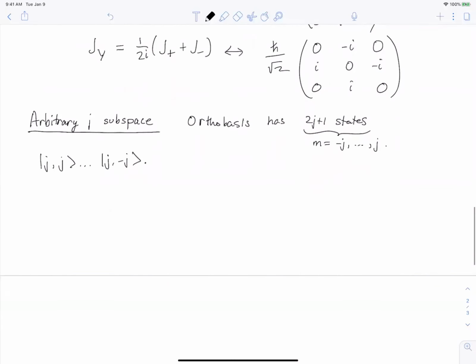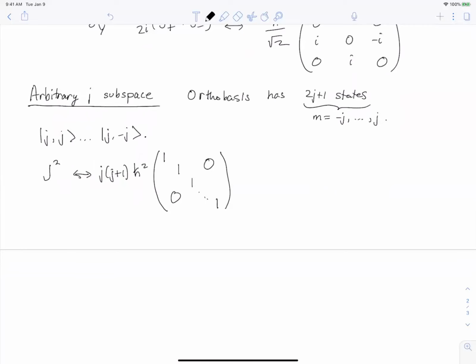And now we can work out what the representation of j squared is. It's represented by j times j plus 1 times h bar squared times the identity matrix. So it's all ones on the diagonal, and it's all zeros everywhere else, which I'm just going to write by drawing zeros off the diagonal like that.